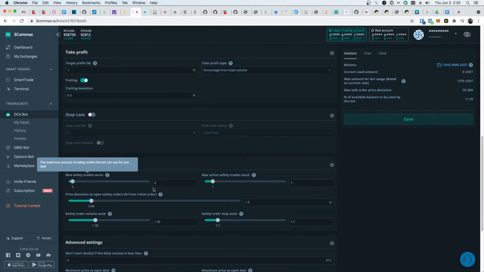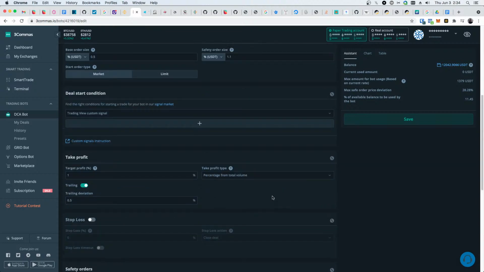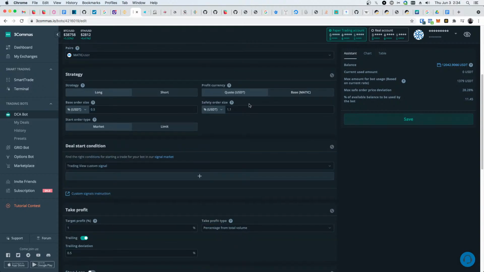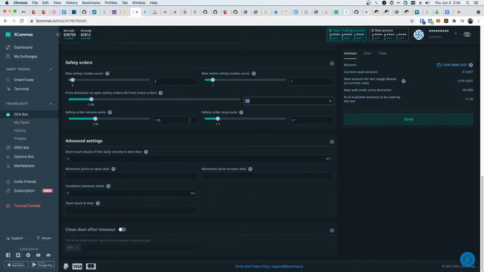And then this is your safety order. Since I have such a big paper trading account here, what I've done is you take 5 safety orders one at a time, and you wait 1.5%. So if the price moves 1.5% lower against you, that first trade is going to be your 1.1%, but then you scale it up and step it out.